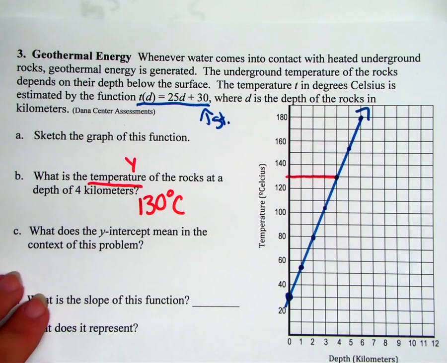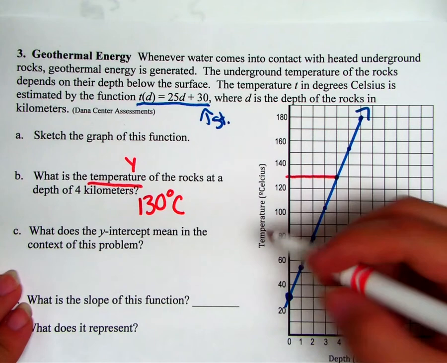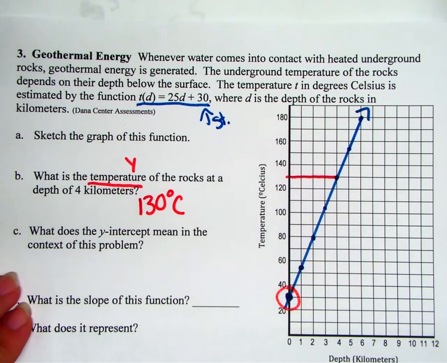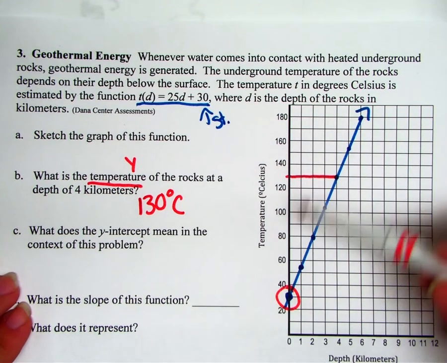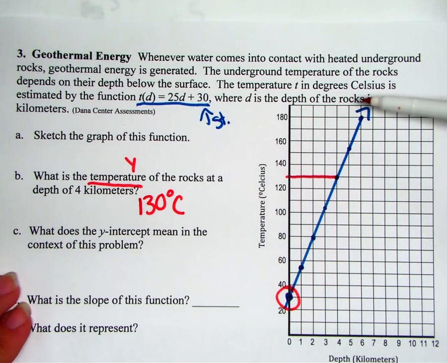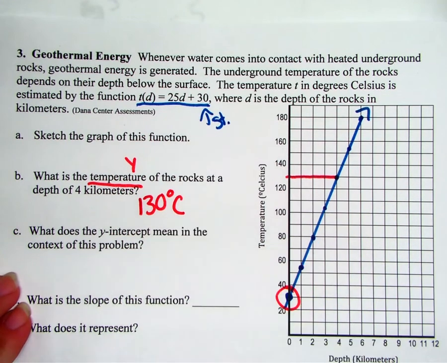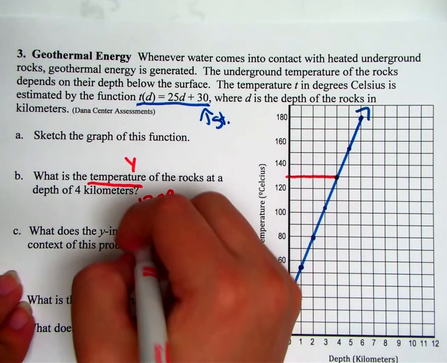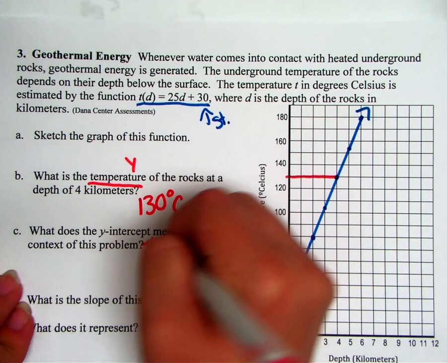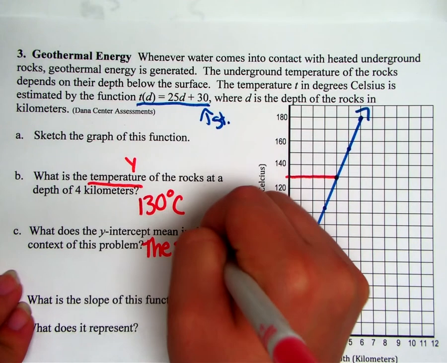Now part C says, what does the y-intercept mean in this context of the problem? Well, here's my y-intercept, and according to this word problem, that is going to be 30 because it's in our equation. And this is going to be the starting temperature. And I'll write this.